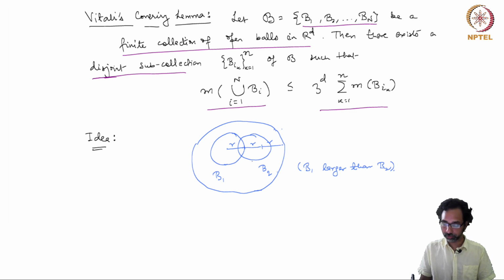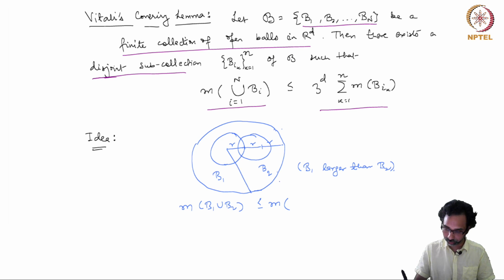So in this case we only have two open balls B1 and B2, and the union of B1 and B2 can be enveloped by a ball with the same center as B1 and 3 times the radius. So the measure of B1 union B2 is less than or equal to the measure of the ball.